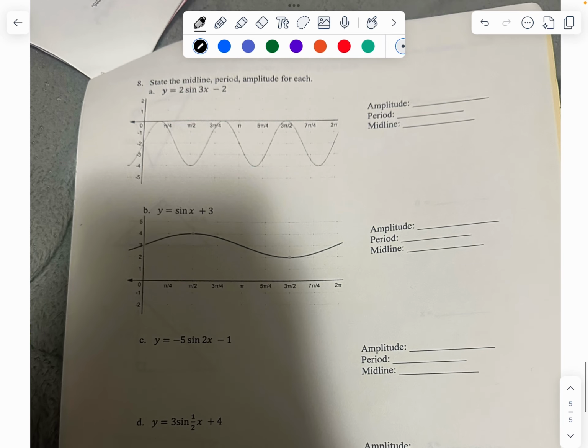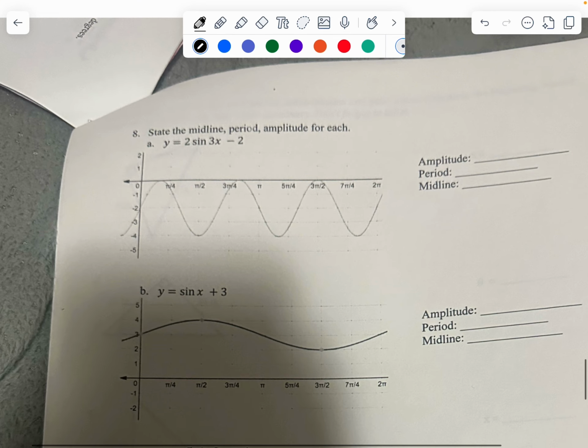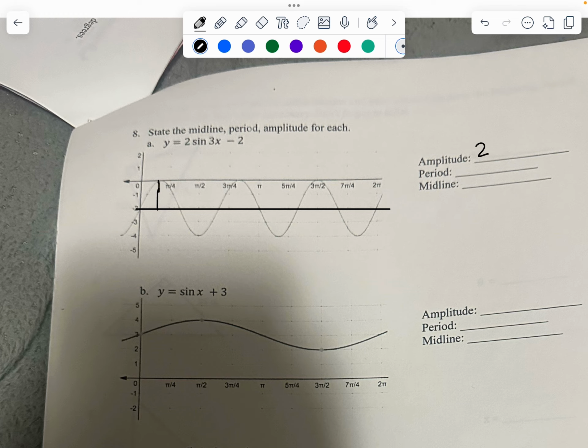Alright, last. Our amplitude is from the middle and how far it goes to the top or the bottom. So we've got 1, 2. Amplitude is 2.